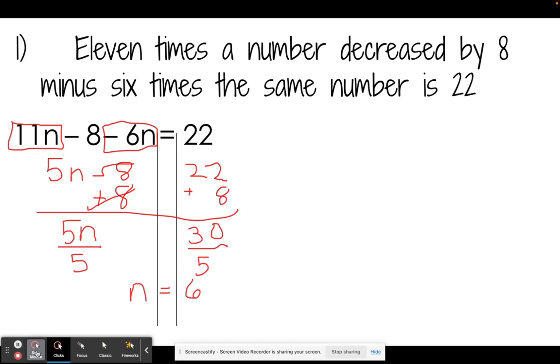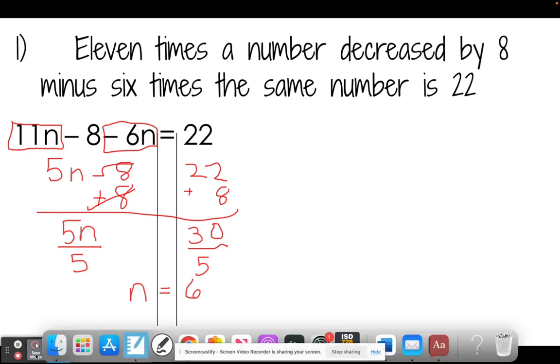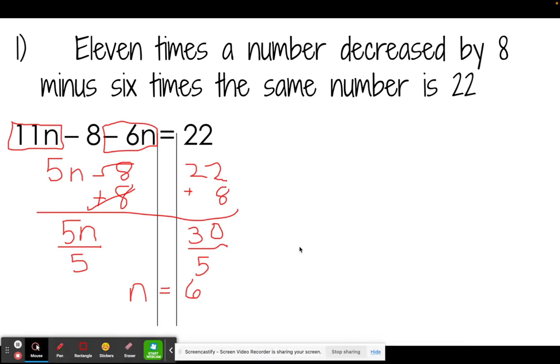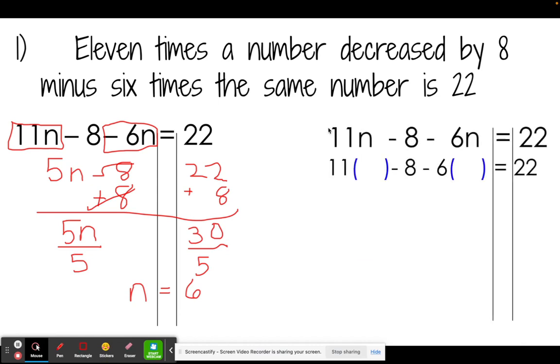Now, when you get to problems that are more complicated, I strongly recommend you check them, or else you might get into an issue. So, here's our original equation. 11 times the number minus 8 minus 6 times the same number is 22. Well, we're saying that number is 6.